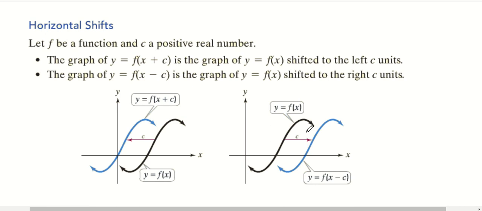Again, it might be a little bit counterintuitive, right? Usually we think of positive values on the x-axis going to the right, negatives going to the left. Yet here we are with function translations. If you add on the inside, that actually shifts the graph to the left. And if you subtract on the inside, that actually moves the graph to the right.